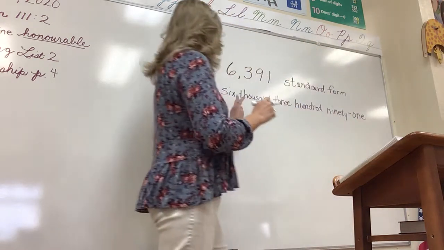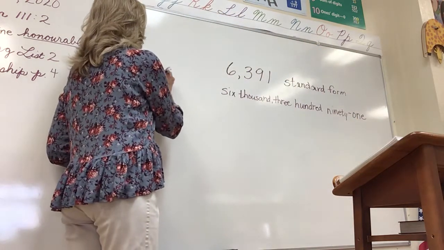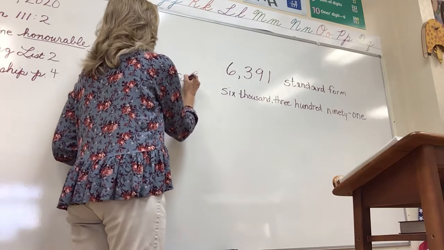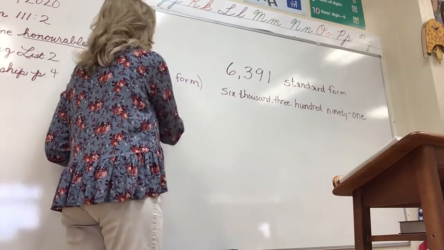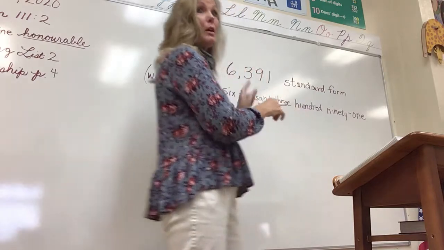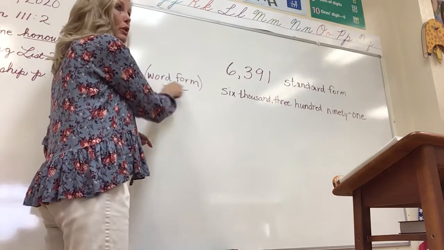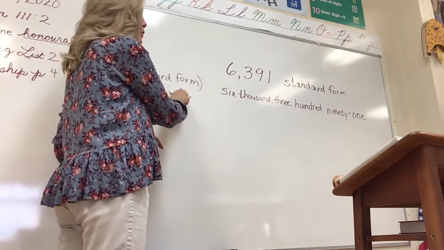Okay, this is called word form. And I could say expanded word form because it's definitely expanded, but technically it's just word form. So that's all I have to remember, word form.